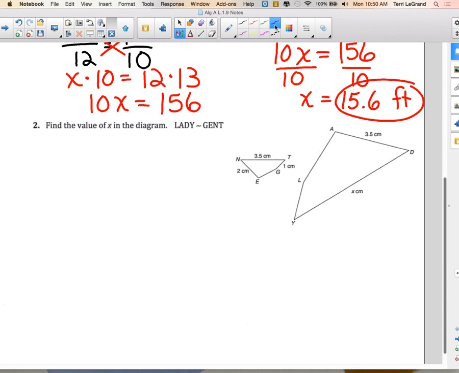So we're looking for X, which is right here. First of all, we're going to give it its name, which is, I'm going to say dy. Okay? So you got to have dy in there. That's what we're looking for.